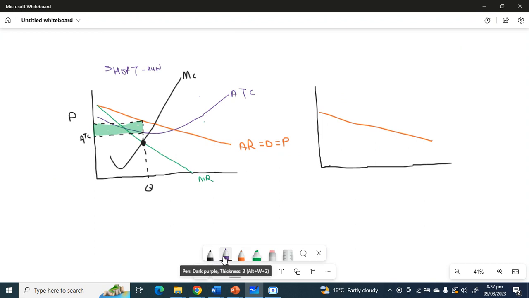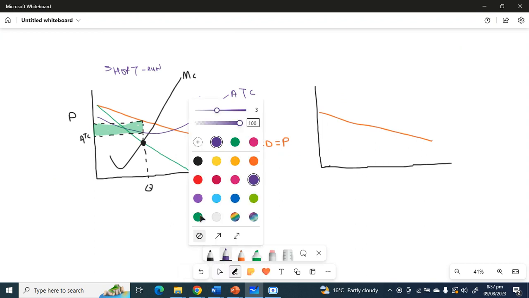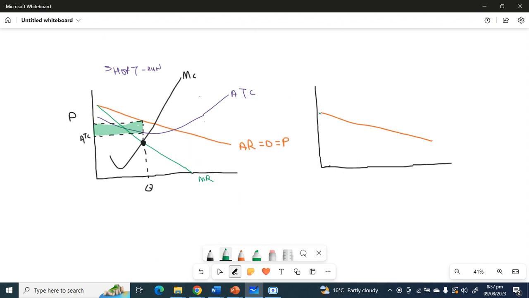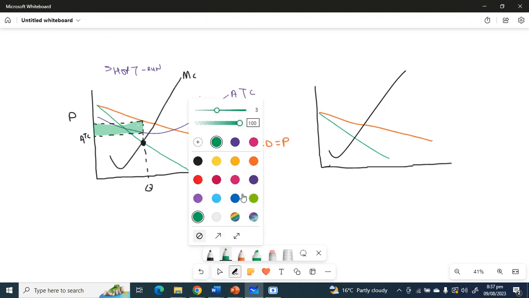And now our marginal revenue curve here. And our marginal cost curve, we put it here. And our average total cost curve is going to be tangent to our demand curve.